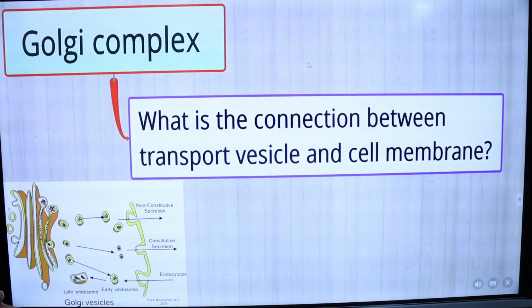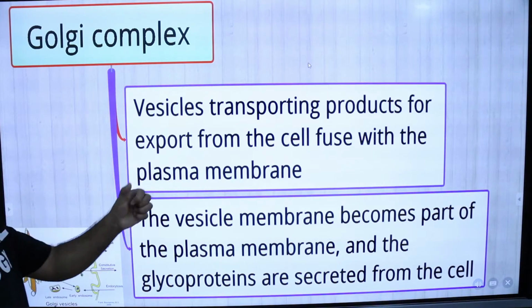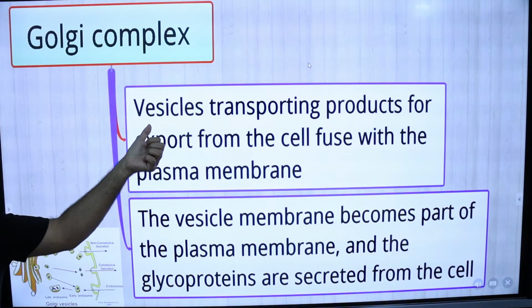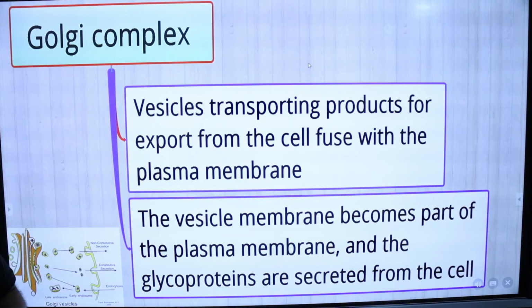Now, what is the connection between transport vesicle and cell membrane? Vesicles contain finished products like glycoproteins, glycolipids and lipoproteins, and these products are packed in vesicles, which transport them for export from the cell.